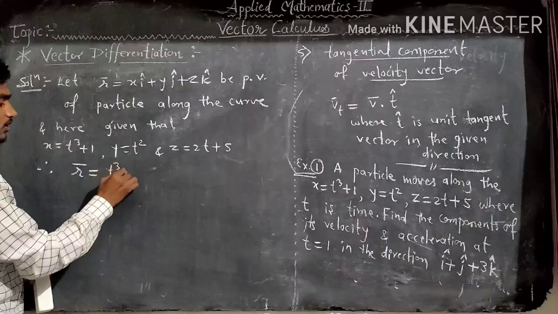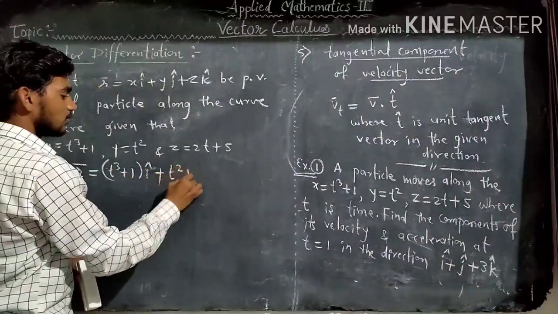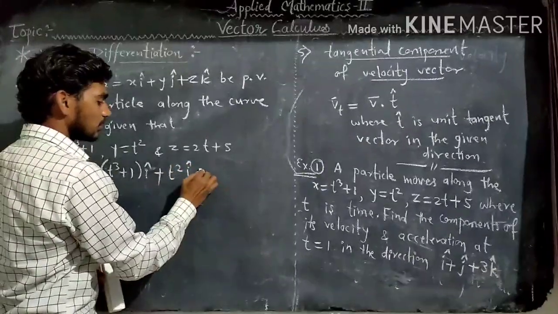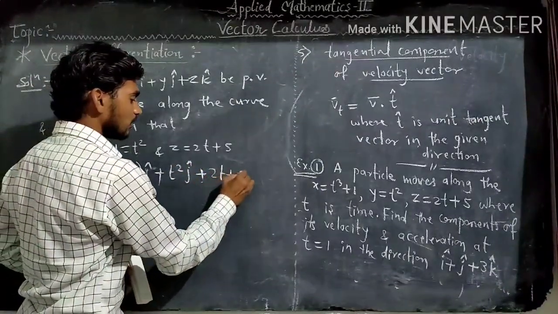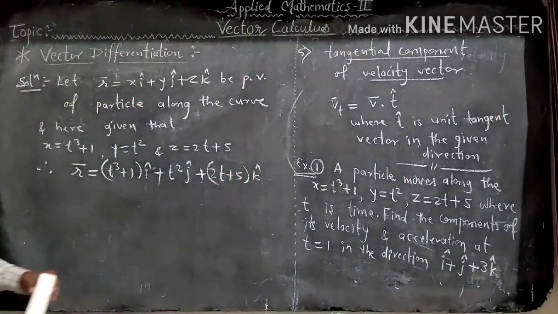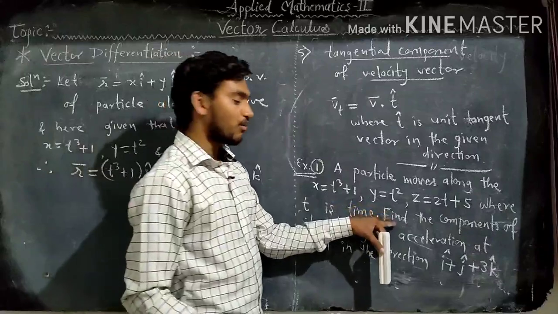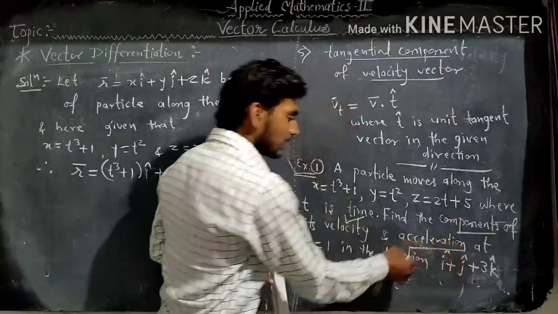So it is (t cube plus 1) i plus t square j plus (2t plus 5) k. In the given question, we have to find the component of velocity and acceleration.